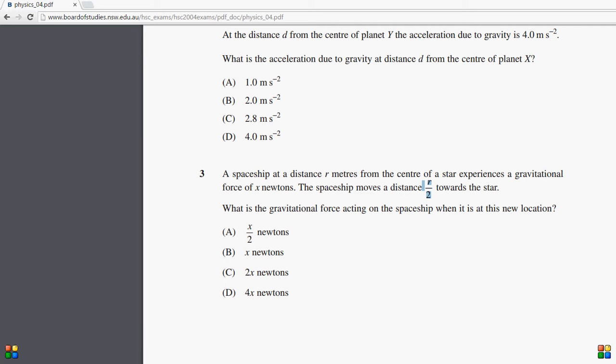So this factor of 2 is going to actually get squared and become 4. Since it's 1 over a half, it's just the same as multiplying the top. So it's going to be a half squared, which is going to be 4. You see, 4x newtons here.